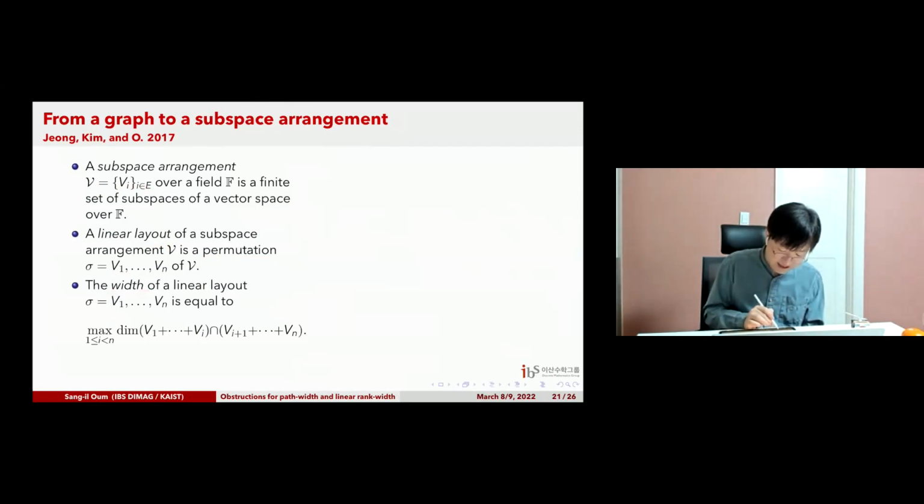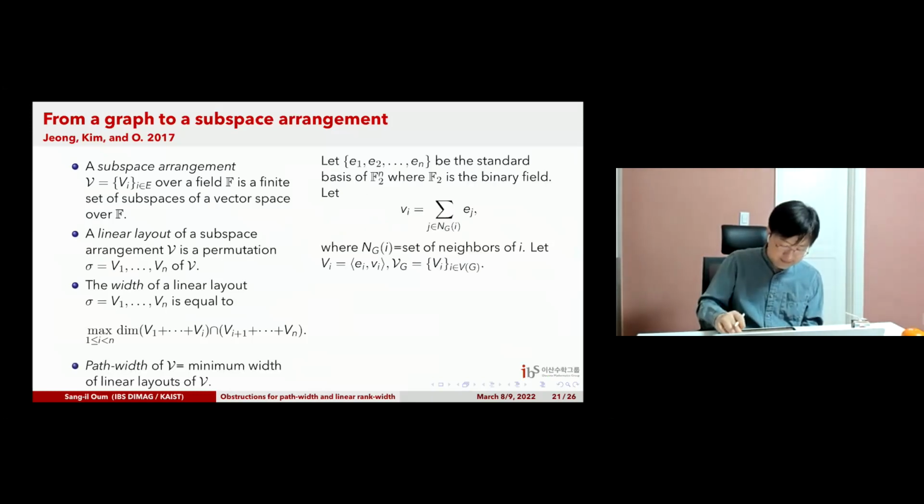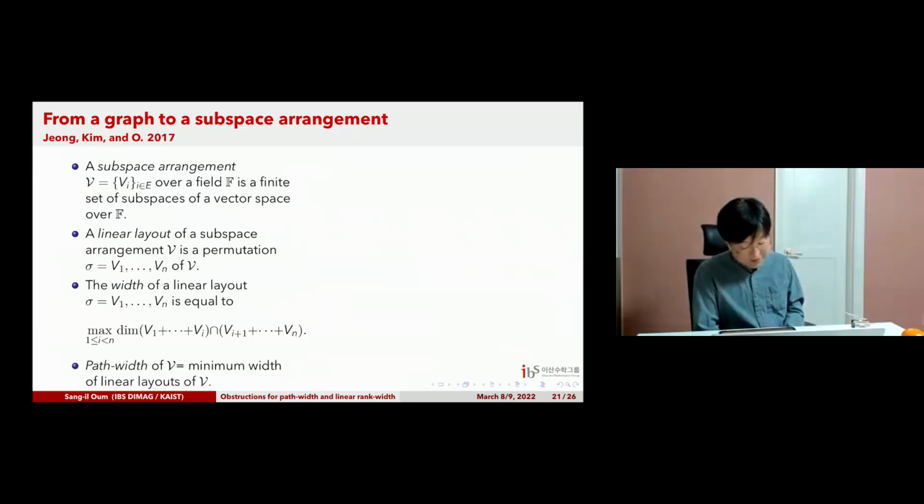The width of a linear layout uses this as your connectivity function. So we have subspaces V1, V2, V3, up to Vn. Now I look at any cut, then what is the connectivity function? Well, it's the dimension of the sum of the left-hand side intersected with the sum of the right-hand side. And then I take a maximum. So that's the width of the linear layout.